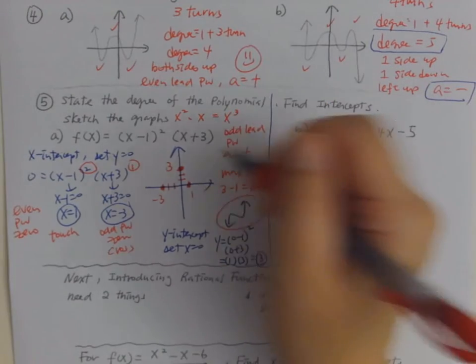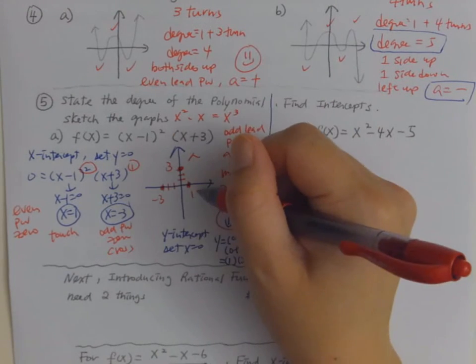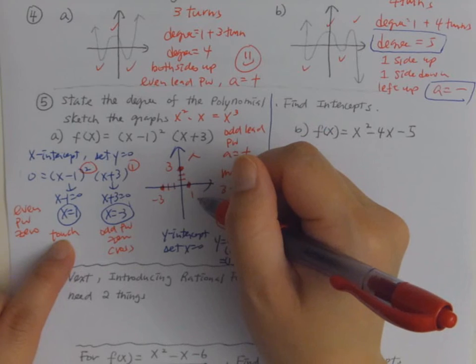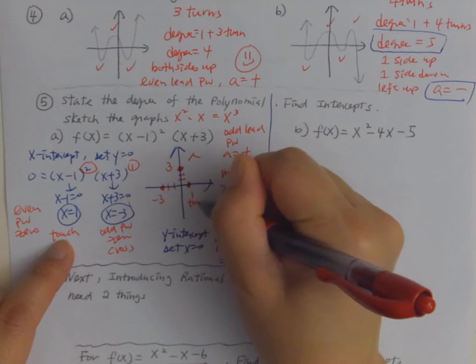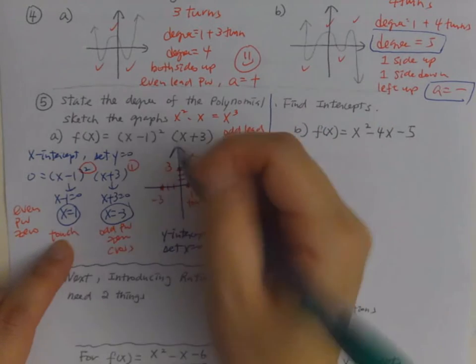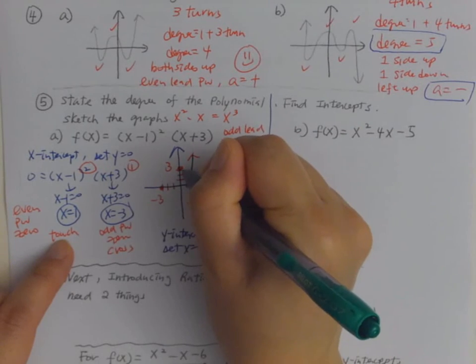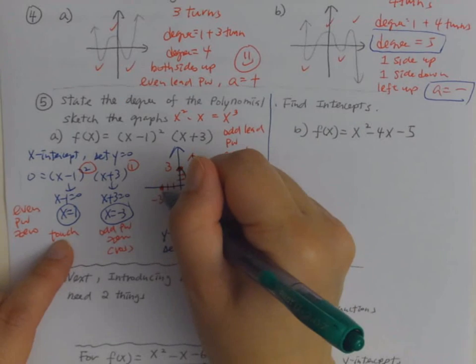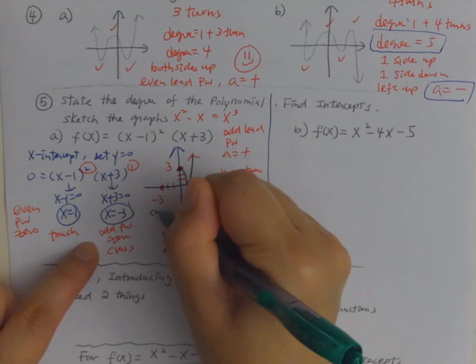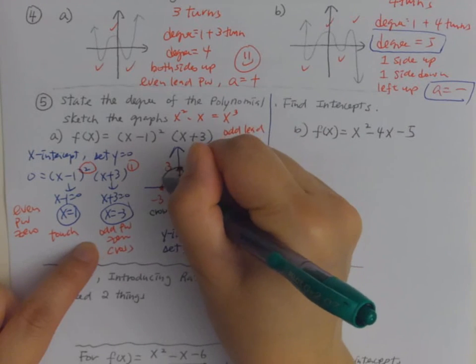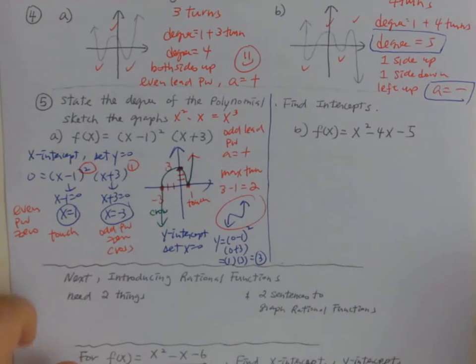We have starting here, 1 supposed to be touching. So I get to this point, don't cross it, touch it, bounce back, and then cross my y-intercept, and this point is supposed to be crossing, right? So when I get to this, I cross the point like this. So that would be my graph. That's how you graph by hand.